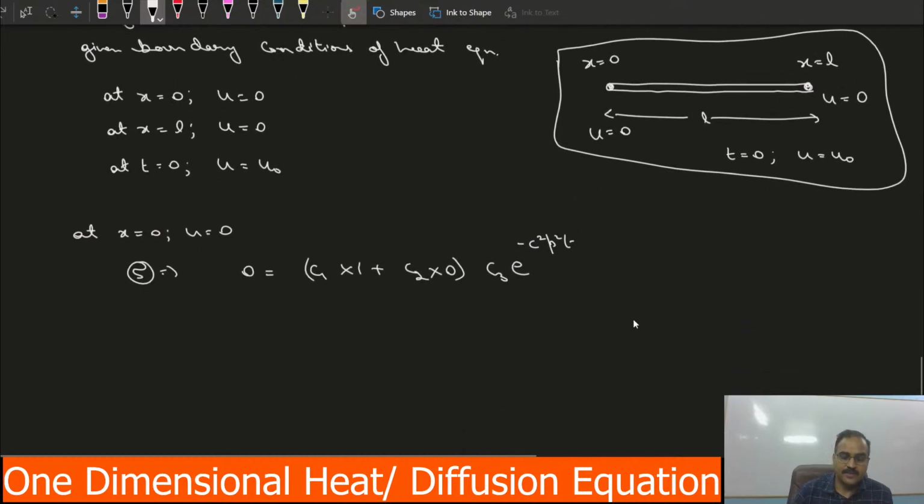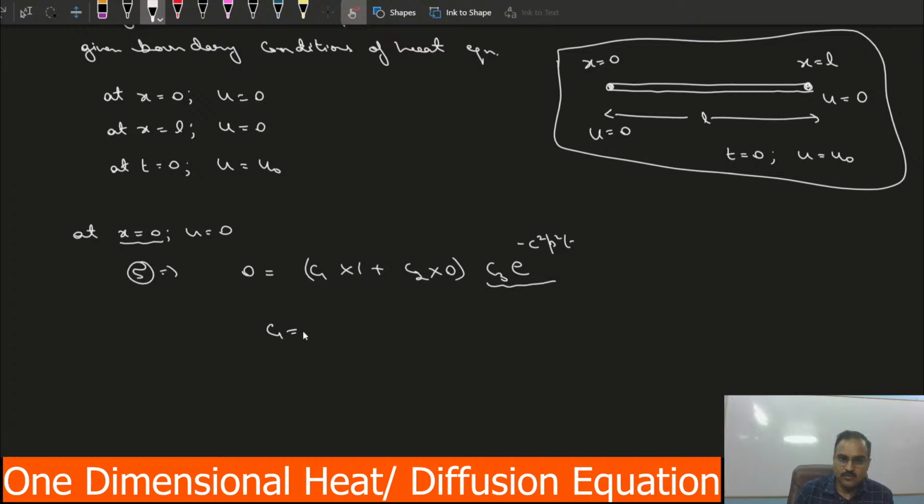Since yesterday we have done the concept of the wave equation, in which it was (c1 cos px + c2 sin px)(c3 cos cpt + c4 sin cpt), and we are applying the condition on x only. So the term of t is independent of it. So c1 into 1 is c1, c2 into 0 is 0.